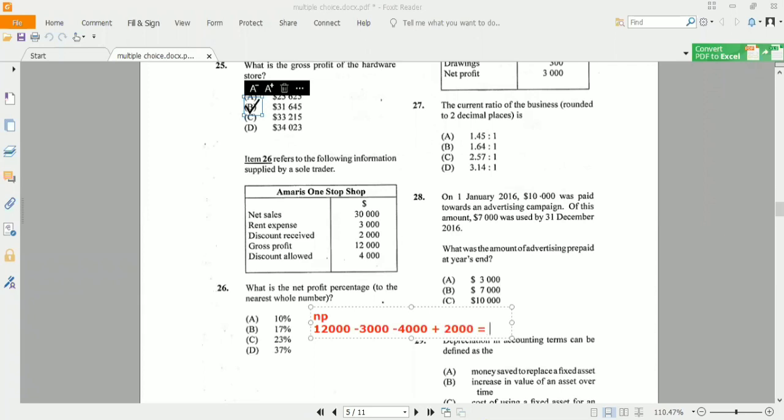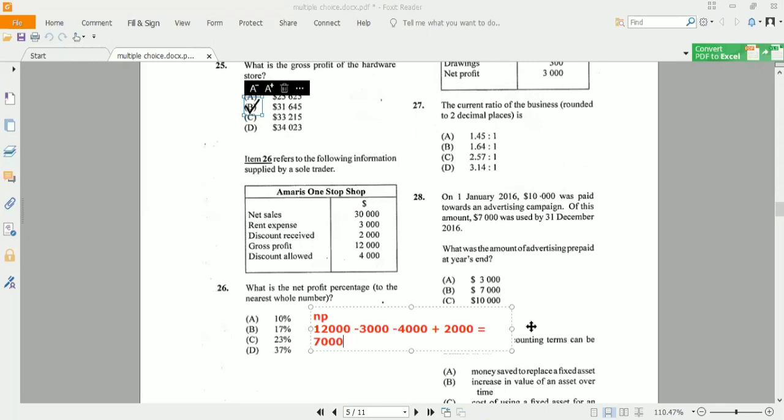What do you get? What is the amount you get? 7,000. 7,000. All right.